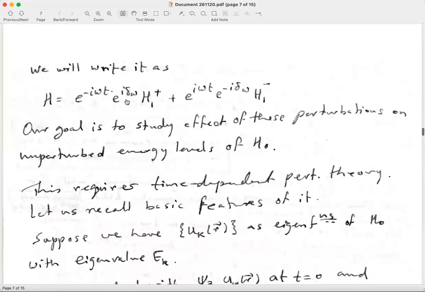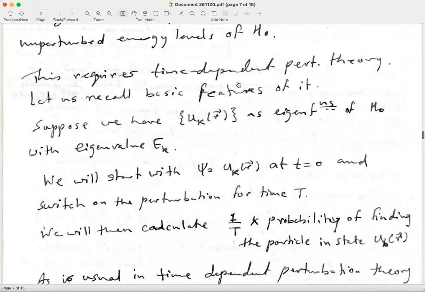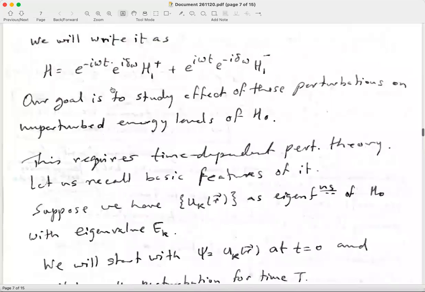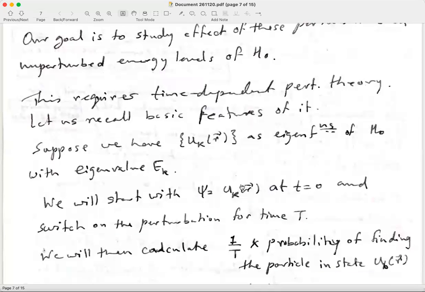If you know that there exist some eigenfunctions of that Hamiltonian, corresponding to some eigenvalue E_k, then we start our problem by defining our time dependent wave function to be u_k of r at time t equals 0. At time t equals 0, we have not turned on this perturbation. So that is how we start with the unperturbed problem.